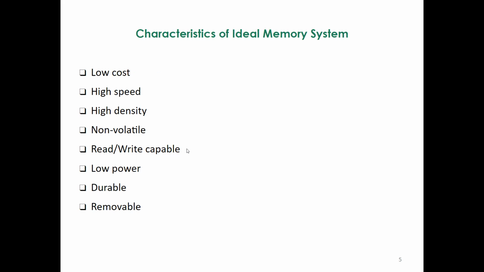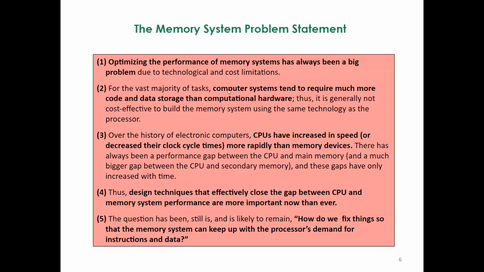Yes, but the moment you bring all the requirements into one solution, then of course you have the cost skyrocketing as well. So we will see how computer architects use the concept of hierarchy to try and provide an illusion of one memory system that meets all of these requirements.